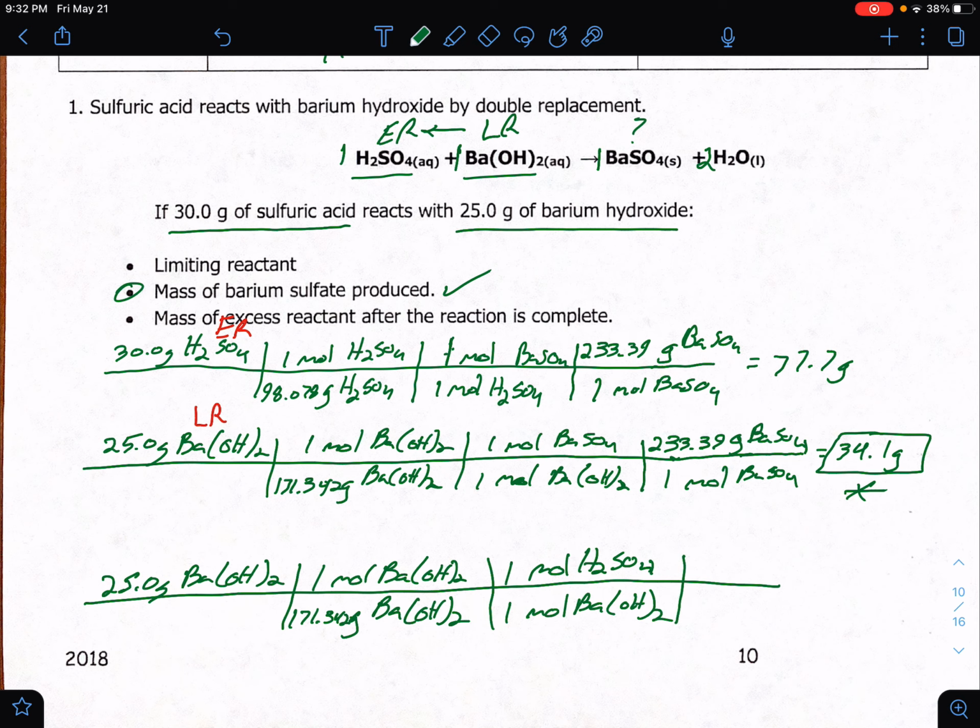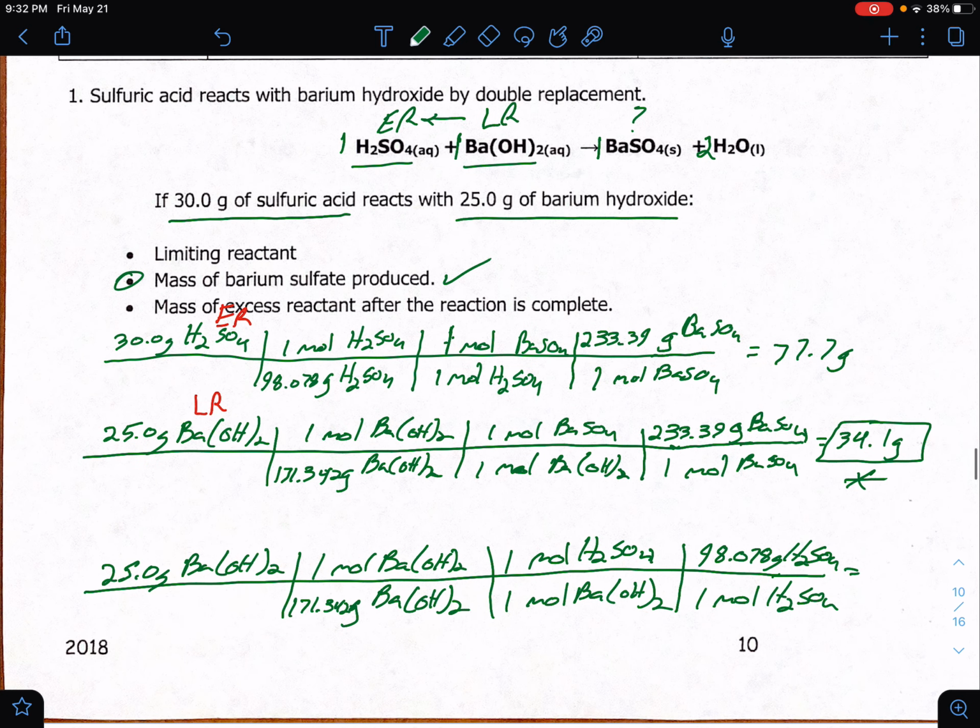And then lastly, I need to figure out how many grams of H2SO4 we actually used. So I'm going to bring moles of H2SO4 on bottom. I know that 1 mole equals the mass of H2SO4, and that we already know is 98.078 grams. Okay, so multiply everything on top, divide by the bottom, and I get 14.3 grams.